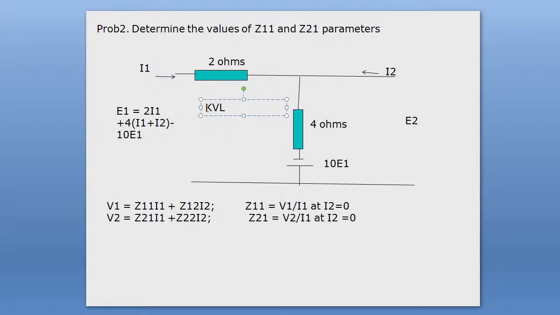So we can write the KVL equation for the left hand side loop.